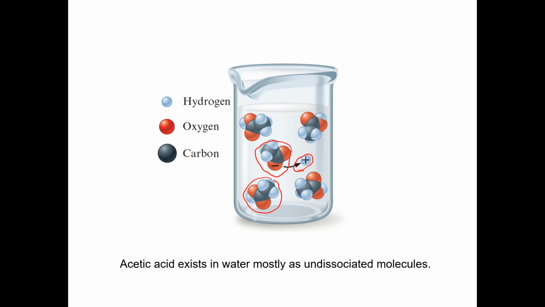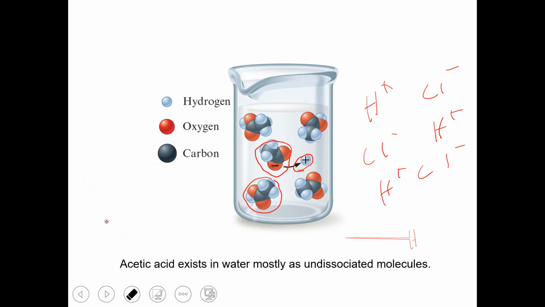If we were looking at something like hydrochloric acid, we would have a bunch of H plus and Cl minus ions throughout our solution, and we would have very few HCl molecules left.